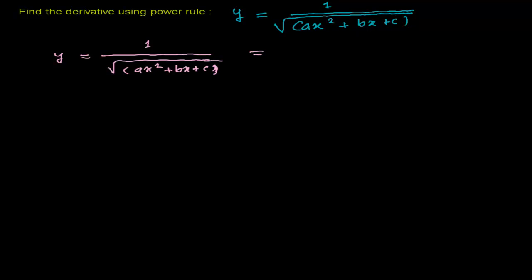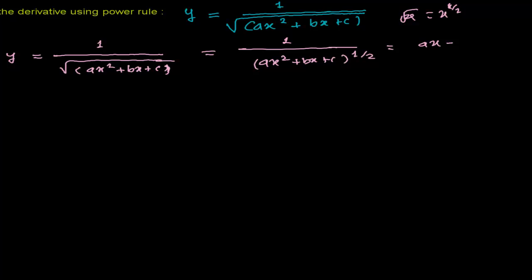Now I can also write this as 1 over (ax square plus bx plus c) whole to the power half, because if you have root x, that actually means x to the power 1 by 2, right? And in the next step I can write (ax square plus bx plus c) whole to the power minus half. Whatever you have, when it goes upstairs it will be minus half.